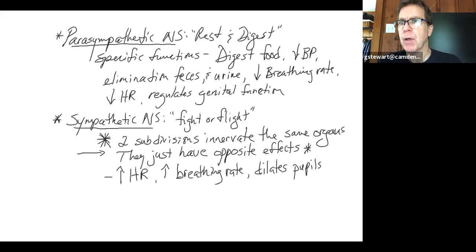The opposite effect would occur. This one constricts pupils, just to be consistent in showing you that these two subdivisions innervate the exact same organs. It also constricts blood vessels.